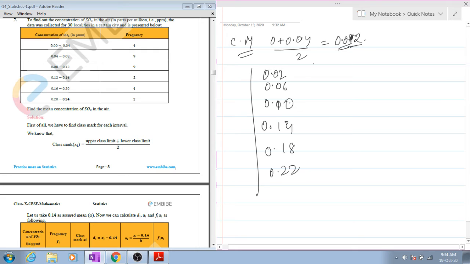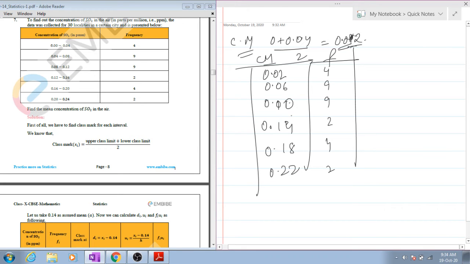This is your class mark. Frequency you have to write: 499, 242.